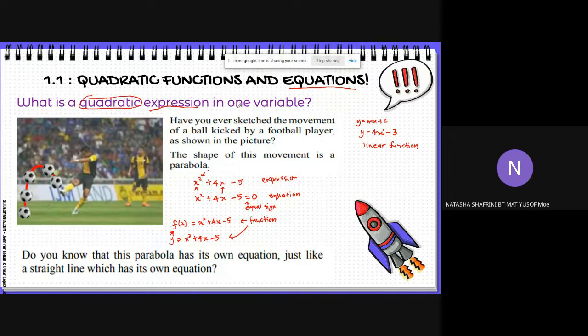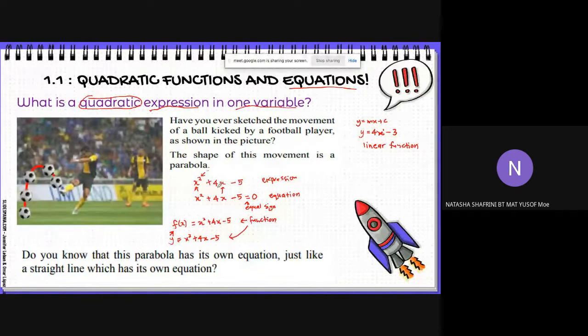Okay, what is one variable? One variable, as I said before, I use the word variable for represents x. So x is one of variable. Okay, for this expression, equation and function, all the variables same. We use the same variable x. Kita guna x. Boleh tak variable ni kita nak tukar dengan huruf lain?